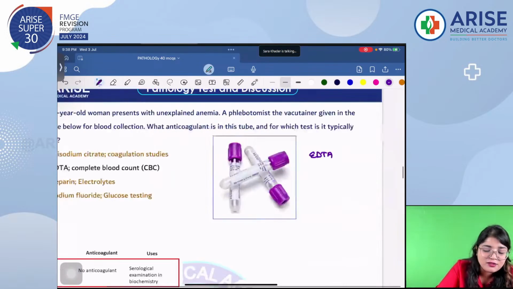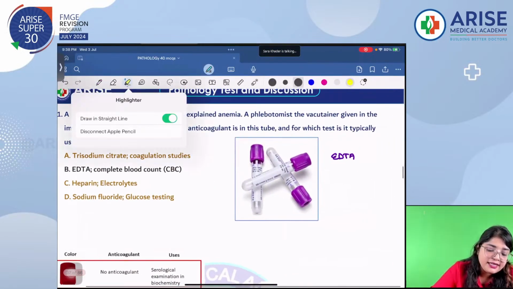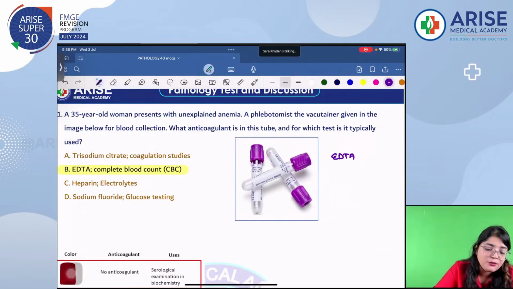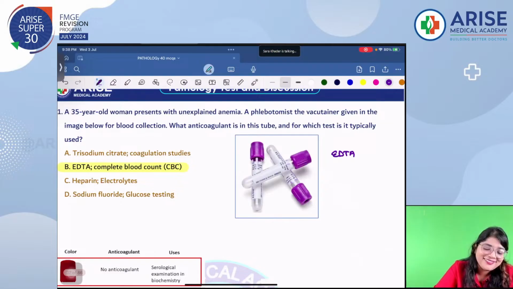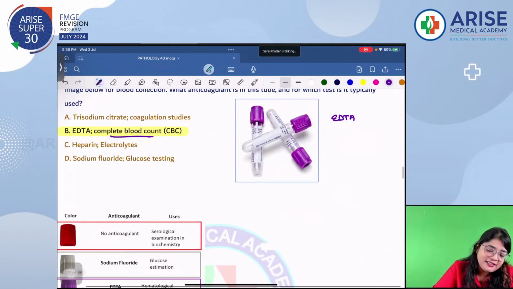Okay, EDTA, the purple vacutainer. It is used for complete blood count. Okay, this is EDTA. Heparin is used, the vacutainer is green in color. Okay, green in color.